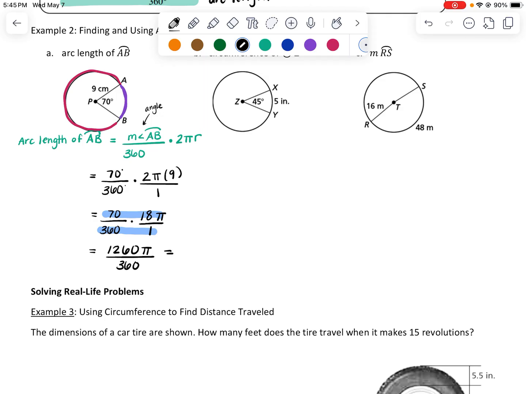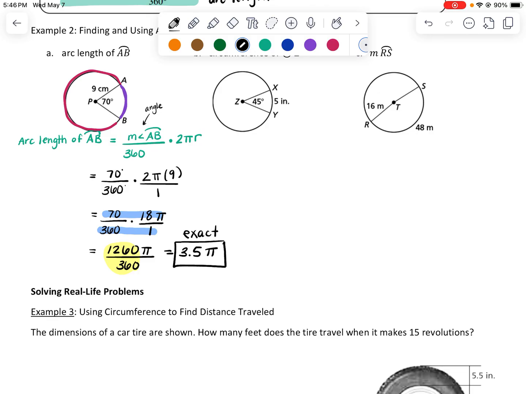And then I need to be able to reduce. So I'm going to divide those numbers, and I get 3.5 pi. That is my exact answer.